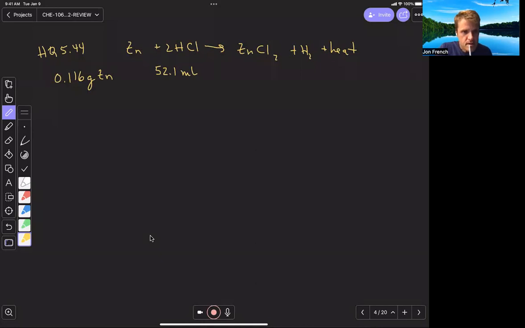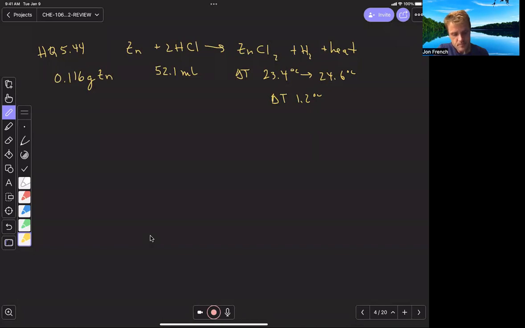And then what's your delta T, or what's your temperature? 23.4 degrees Celsius to 24.6 degrees Celsius. So our delta T is what, 1.2 degrees Celsius? Yeah. So they want the heat of the reaction in kilojoules per mole.